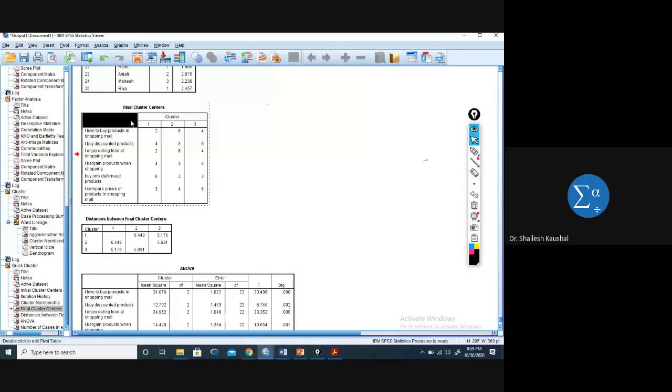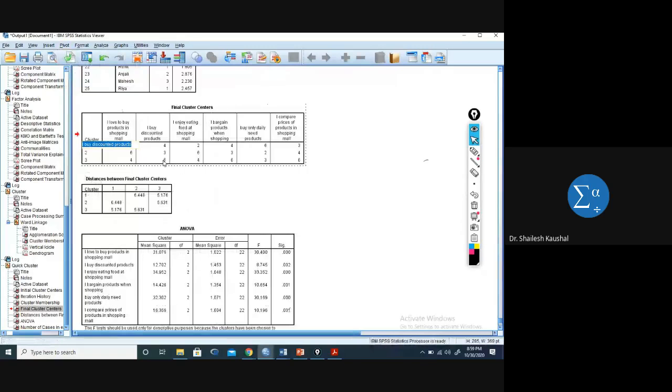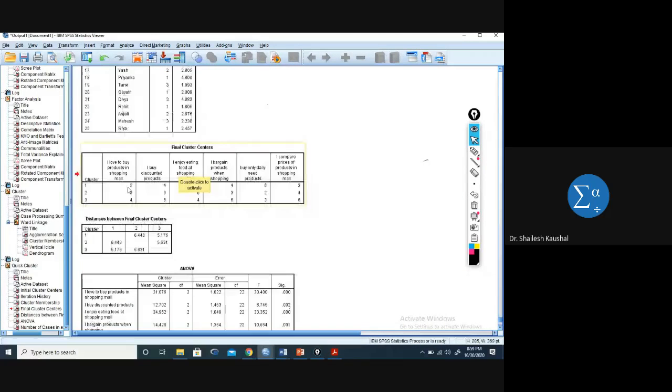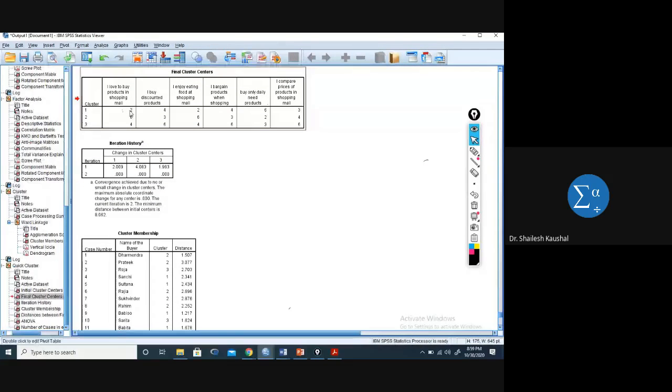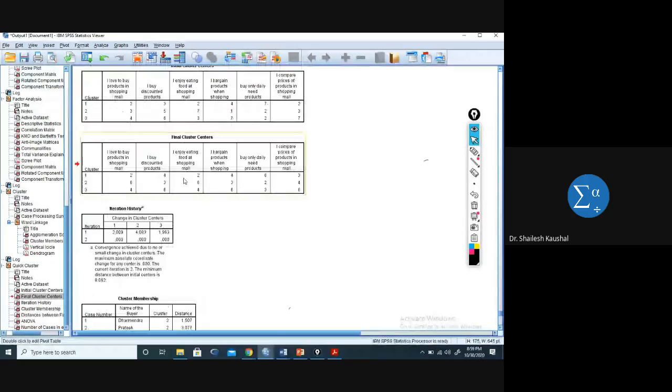Again, I am using the pivot table to transpose this. In the first cluster there are 9 people, and their mean value for the first question is 2, for the second question it is 4, and then 2, 4, 6.